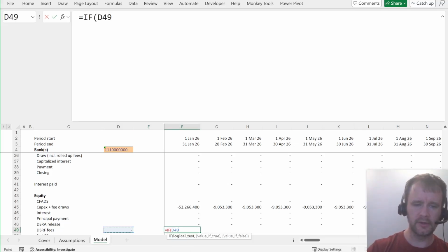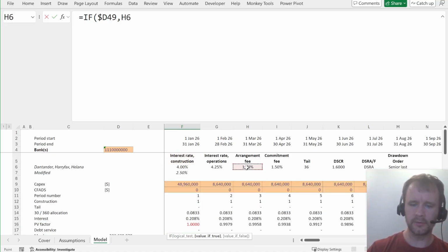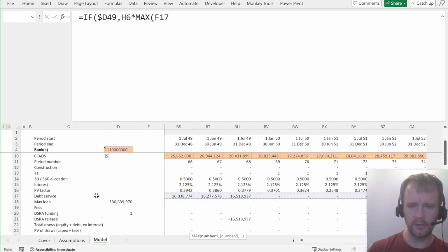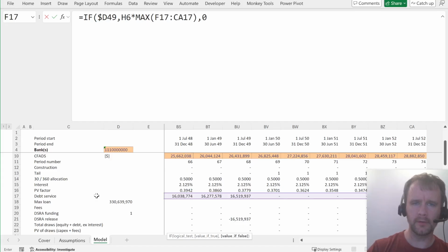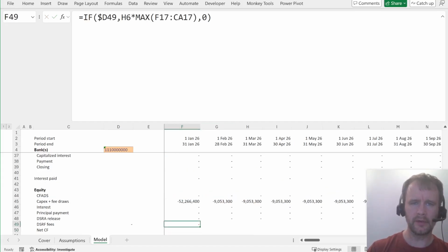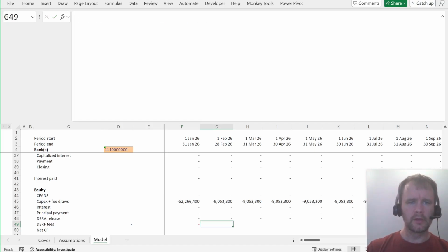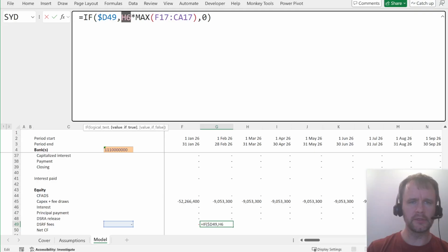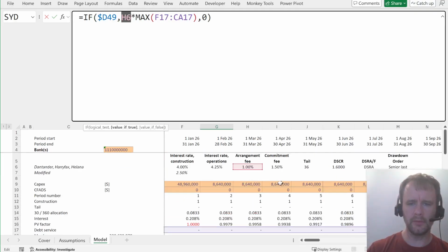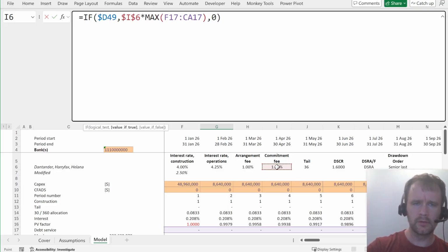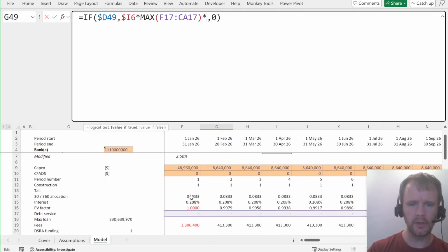So we're going to say if this, then the arrangement percent times the max of the debt service, which is here, otherwise 0. And then something sort of kind of similar, which is the commitment fee percent times that and multiplied by the allocation here.